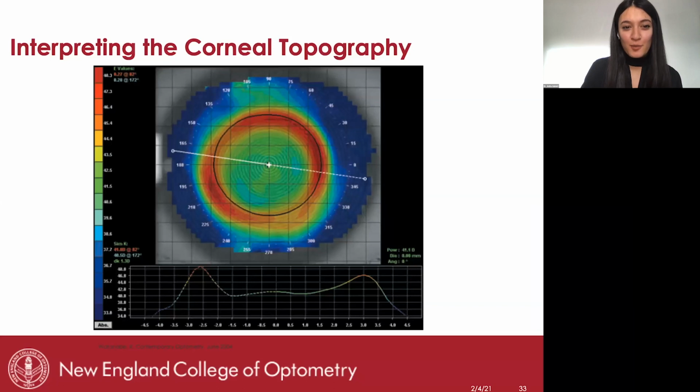When we're taking a look at the topography, this is what we're looking for: another bullseye pattern in terms of the topographical measurement. We want a central area of flattening, a mid-peripheral area of steepening, which is denoted by the red here, and then peripheral flattening.